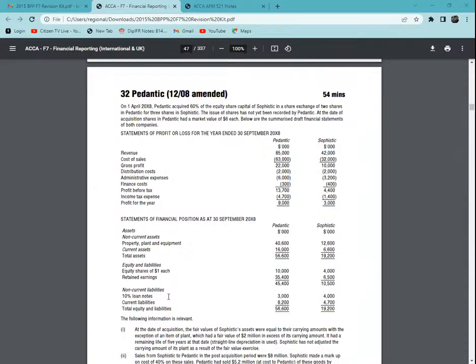The only non-current liability that I can see there is the 10% loan notes. From there, I'll be able to walk to current liabilities. Current liabilities, fortunately, it's only one. Great. Don't have to duplicate this. Just leave it like that.